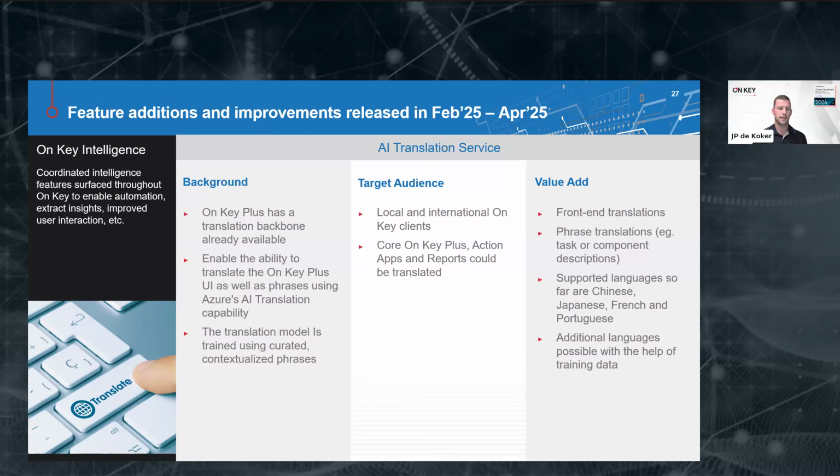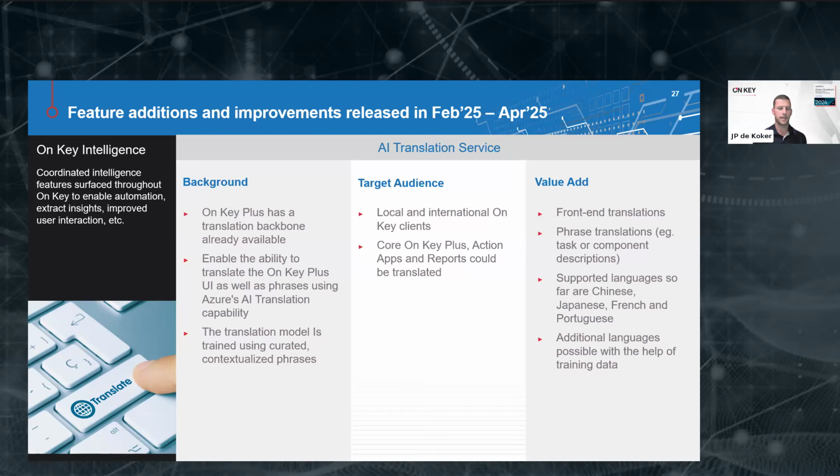What we've already seen is this adding a lot of value to some of the standard OnKey functionality of having translations in there. Within the space of one or two days, you have a fully translated system with the added capability of continuous translations in the system as new descriptions, tasks, etc. get added to the system.